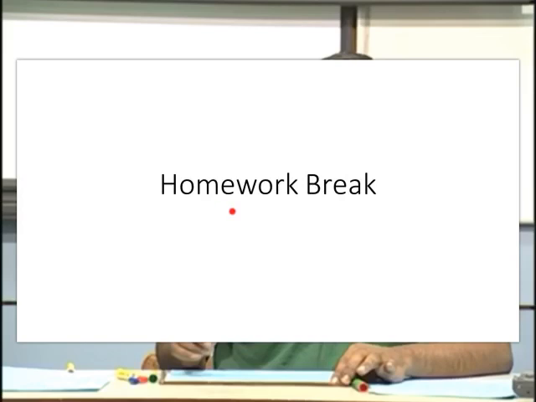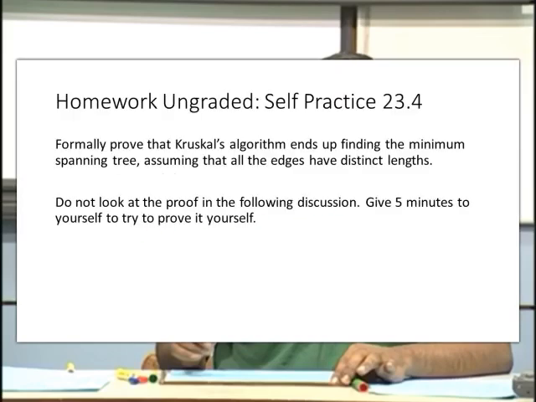Time for a homework break. So this homework is designed for you to begin to write the formal proofs yourself for a problem that you have not seen. So now that you have the algorithm, can you try to formally prove that the Kruskal algorithm will actually find the minimum spanning tree, assuming that all the edges have distinct lengths?